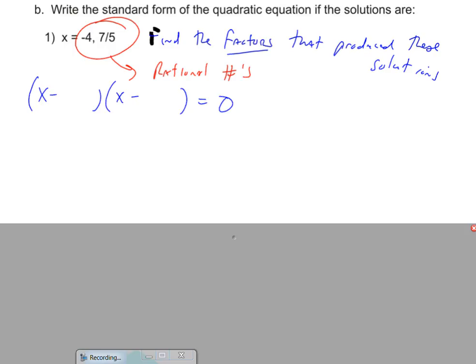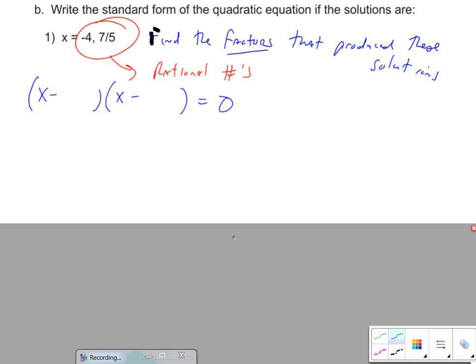And the next step would be to set each parentheses equal to 0. Let me just go right to the next step because I think it'll make more sense.